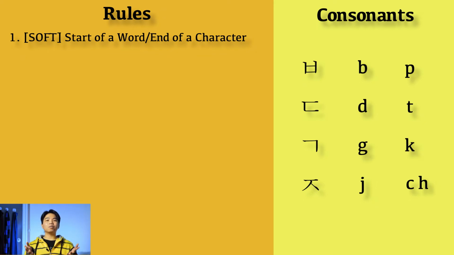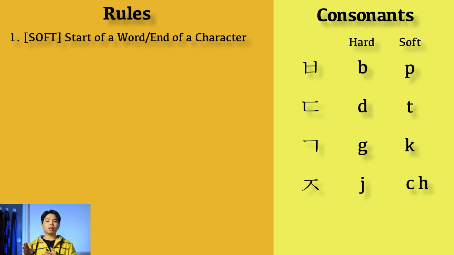So, ano ba yung soft sound? So, as you can see, dun sa letters natin, meron tayong 2 sets of sounds. So, yung B, D, G, and J mo, these are considered as your hard sounds. And then for your P, T, K, CH, these are considered as your soft sounds.